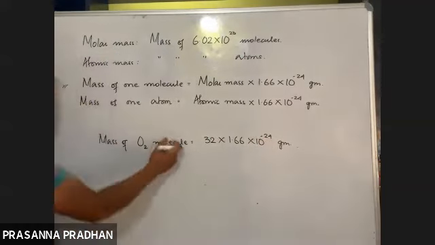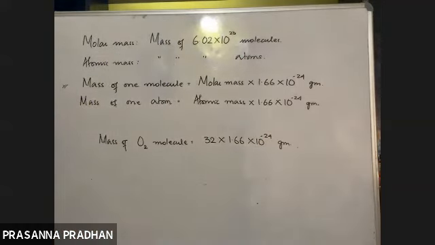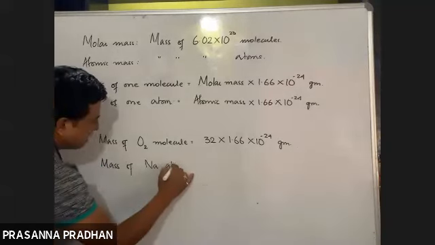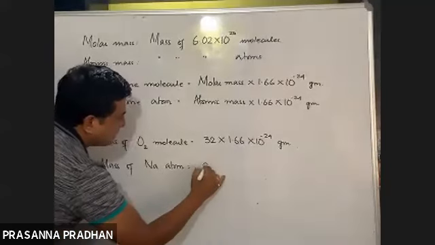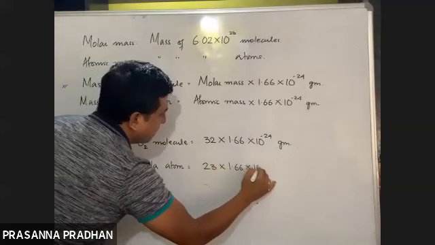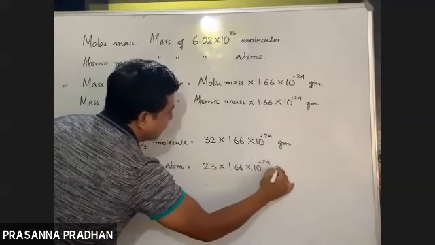This is the mass of one oxygen molecule. Got it? So how will you calculate the mass of, say, one sodium atom? Atomic mass 23, again multiplied by 1.66 into 10 to the power minus 24 gram.